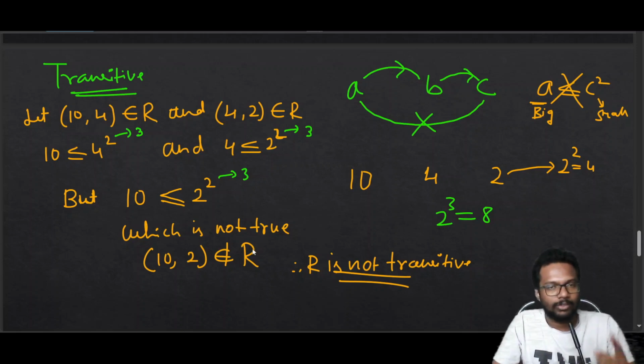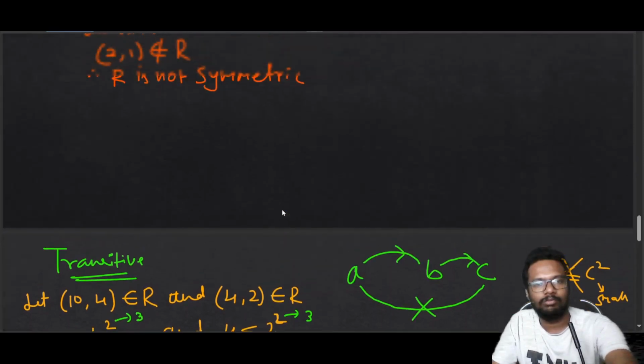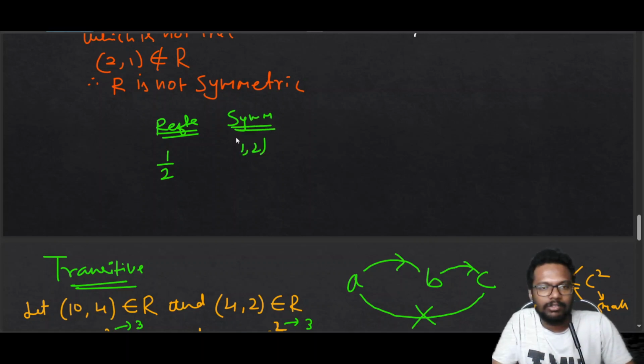So by understanding one problem, you can solve two problems, a less than or equals to b square and a less than or equals to b cube. Same problems, same thing. So you have to just remember: for reflexive, 1 by 2; for symmetric, 1 comma 2; for transitive, 10, 4, 2.